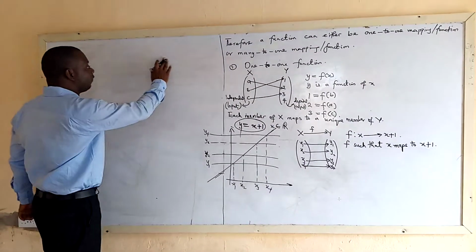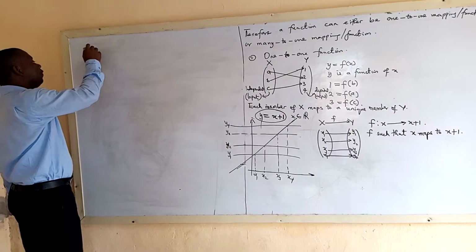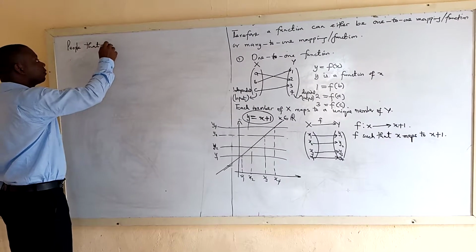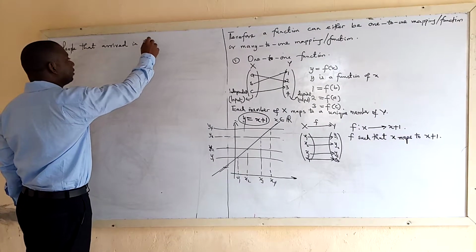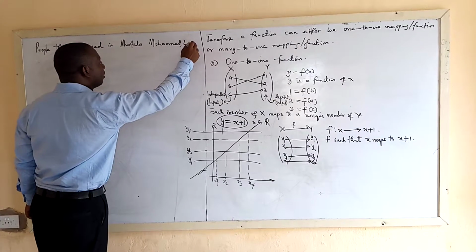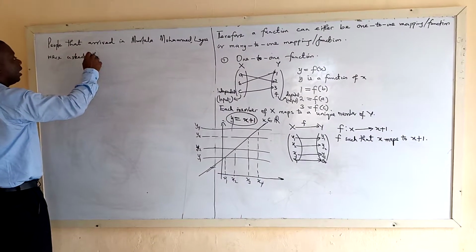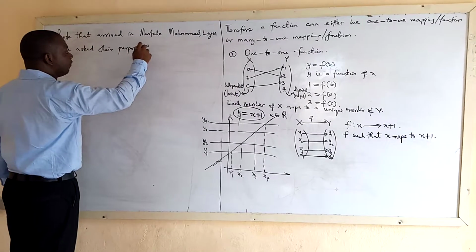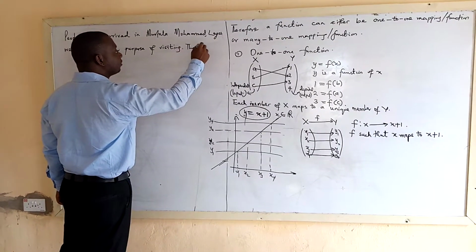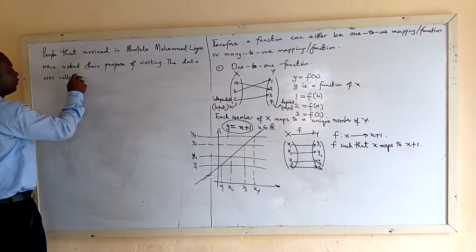Let me give you, for example, if you have people that arrived at Murtala Muhammad Airport, Lagos, and their purpose of visiting was asked. The data was collected for 7 people.